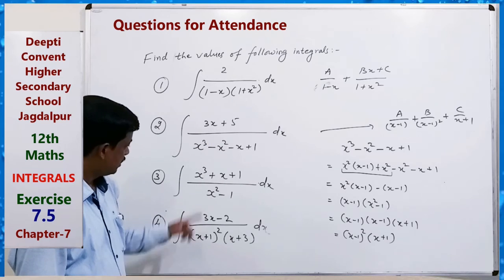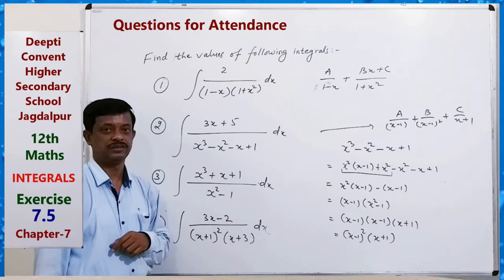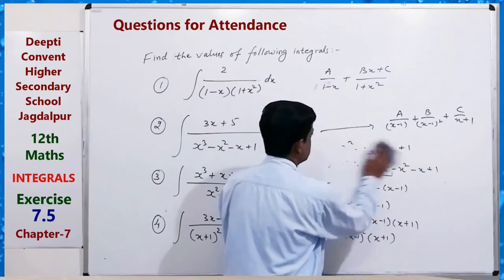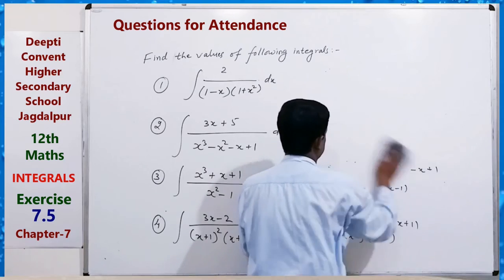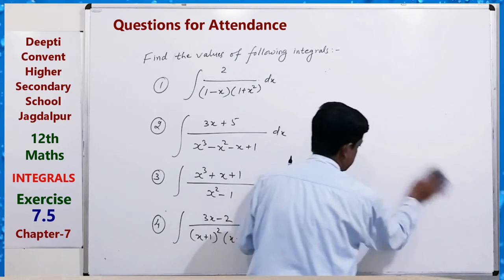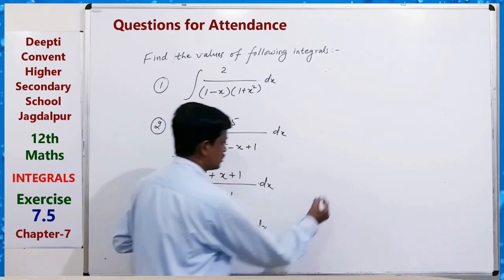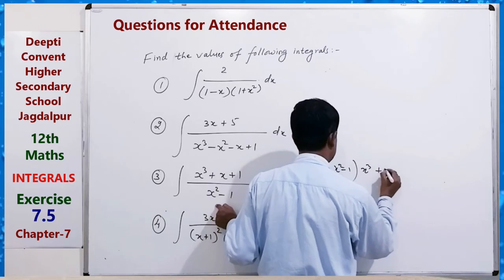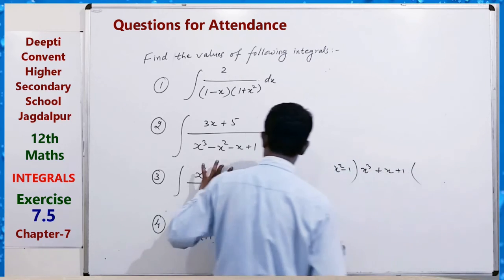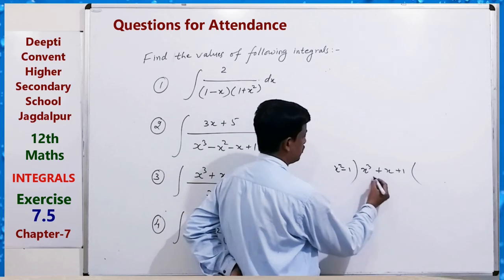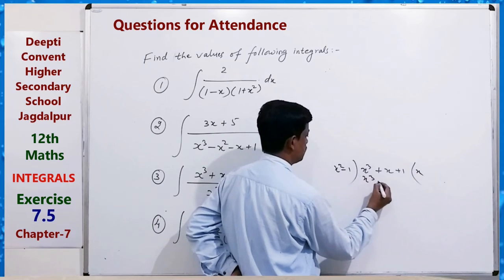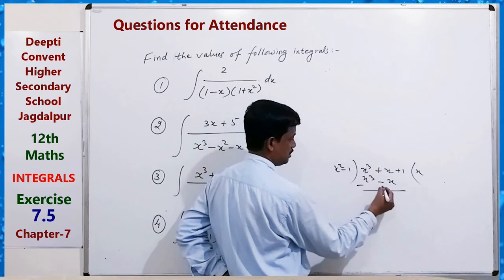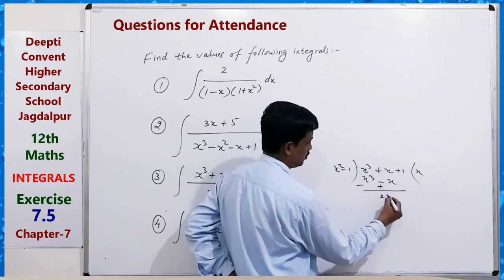Okay. Here the numerator x cube is a higher degree and the denominator x square minus 1 is a lower degree, so for this question you have to divide first. Divide x cube plus x plus 1 by x square minus 1. Then x cube minus x cube minus x, so they cancel out, and here we get 2x plus 1.